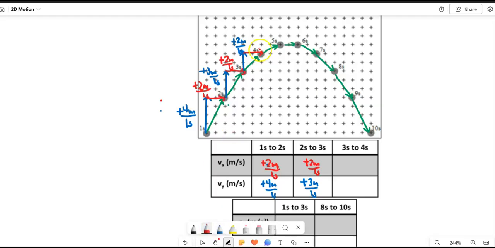And this is going to be positive 2 meters over the period of 1 second. So it looks like it's moving at a constant velocity in the x direction, at least. But it does have an acceleration. If you look across all 3 of these, there's definitely acceleration there.